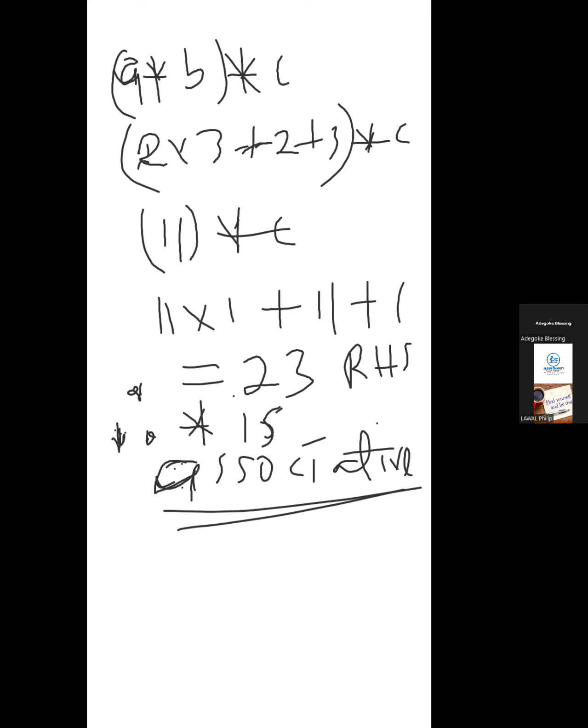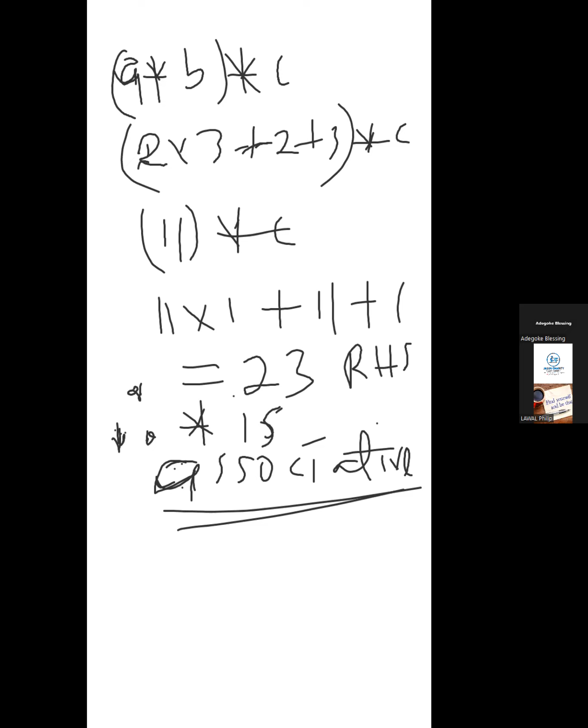So another thing we want to talk about is distributivity. Distributivity is not solely a property of numbers. It's actually a property of the binary operation itself. Yes, that's distributivity. And I'm going to explain it in very simple terms. You are going to understand.